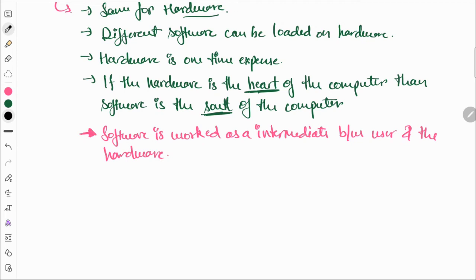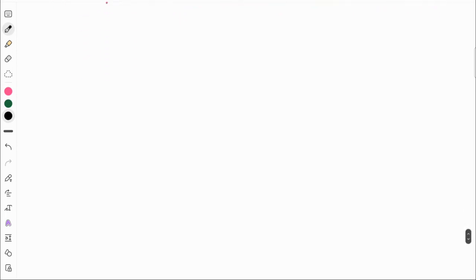Next is software. There are multiple types of software available. Software is a set of programs.